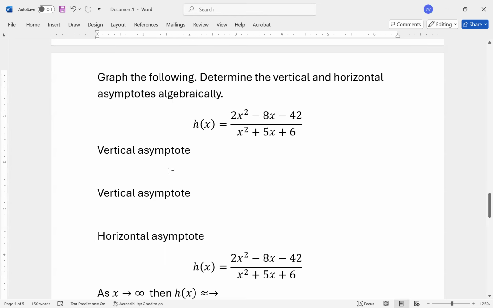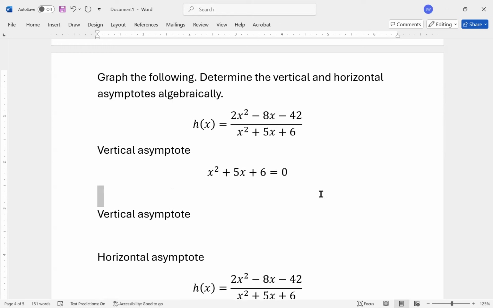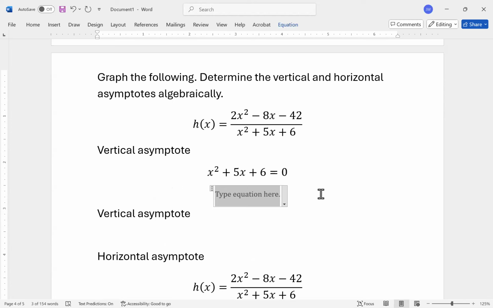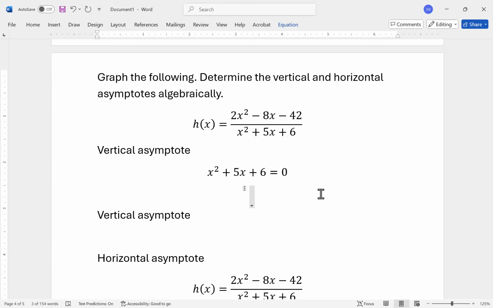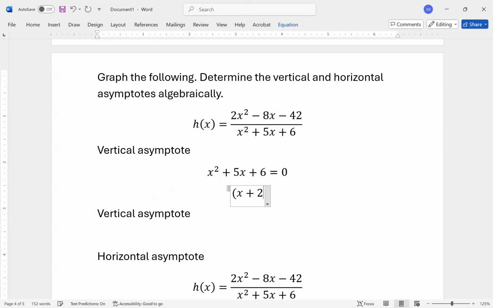Let's start looking for the vertical asymptote. I always start out by setting that denominator equal to 0. x squared plus 5x plus 6, set that equal to 0. This one will factor, I believe. Factors of 6 that add up to positive 5 are 2 and 3.